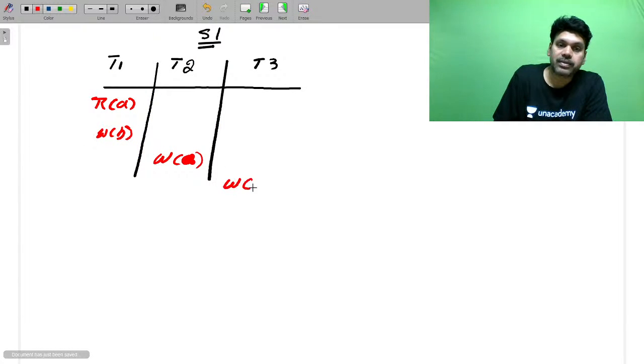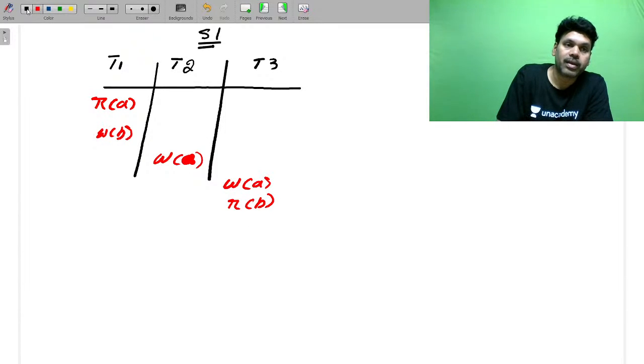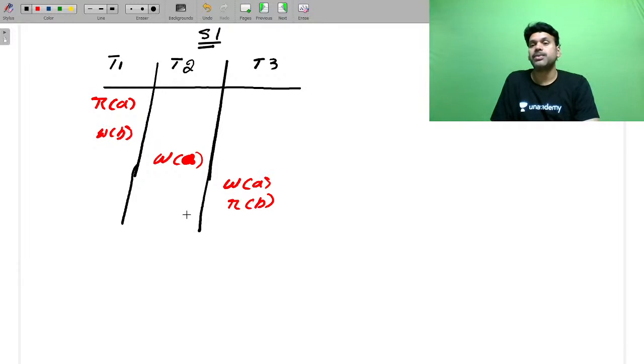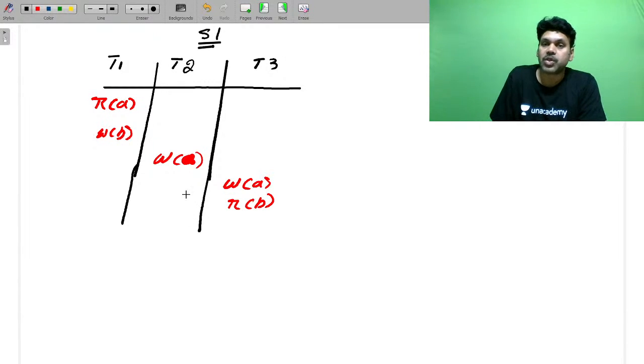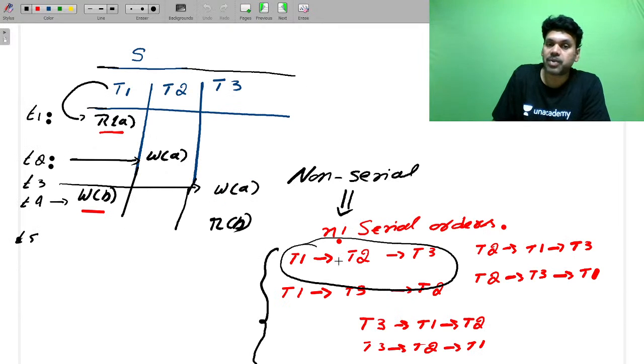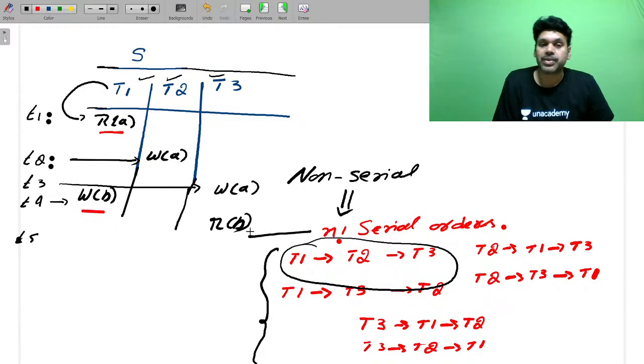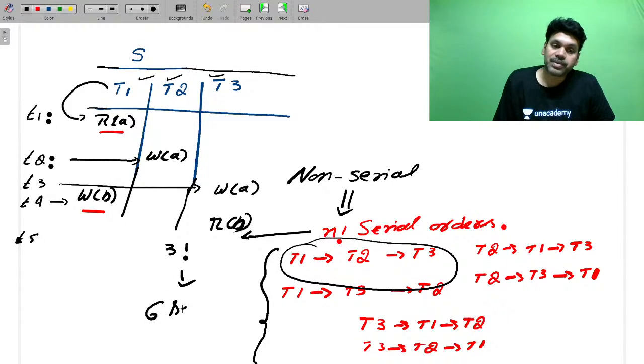Next consists of WA and RB. Now you see, this is how it happens. So one of the orders I have derived out of your 6 orders. Here n is nothing but 3 transactions. So there you have 3 factorial, which will give you 6 serial orderings.